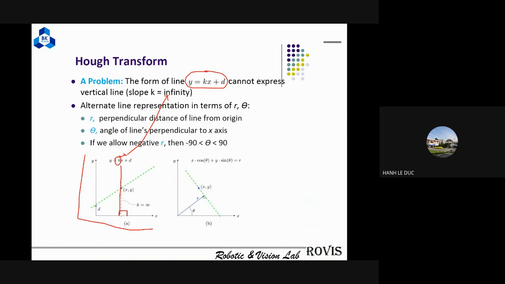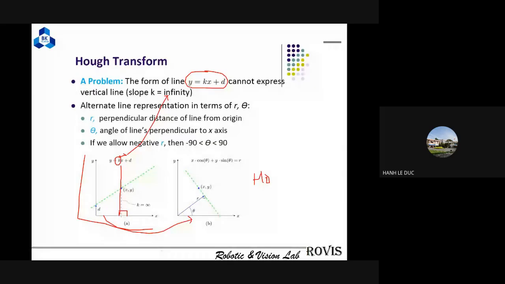So we have to change this form into the Hough space. The Hough space and the parameter space are similar, just a different equation.